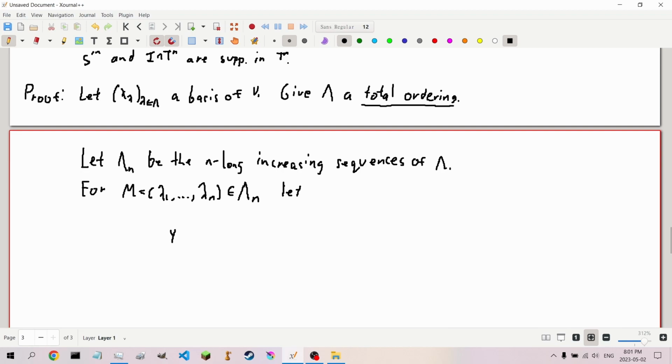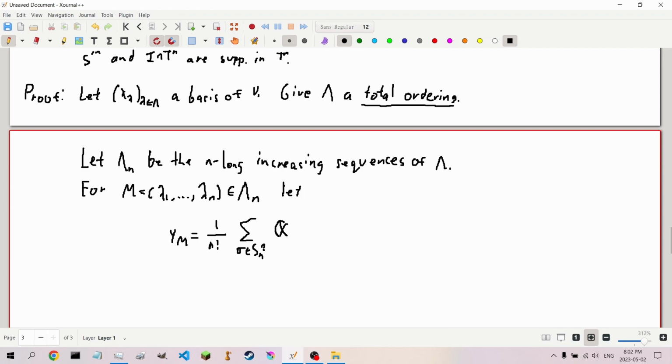And we're going to define y of this sequence to be 1 over the factorial of the number of elements in the sequence times the sum across sigma in the symmetric group of n. Is that the symmetric group or is that the cyclic? I don't know what group that is. I'm guessing it's the symmetric.